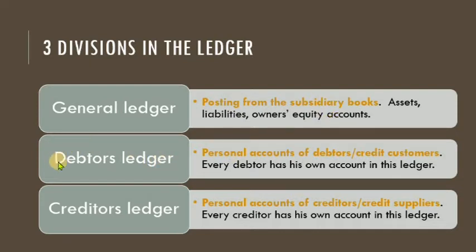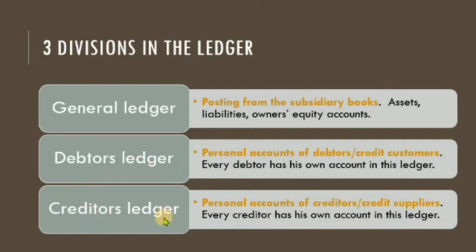Your debtor's ledger will have all the personal accounts of your debtors. So every debtor will have his own account within the debtor's ledger, and only information relating to that certain debtor will be recorded in his account. So if you have 5 debtors, you will have 5 different accounts in your debtor's ledger.